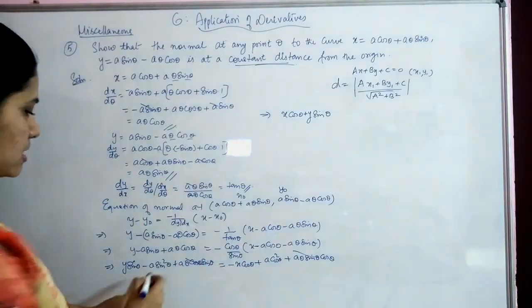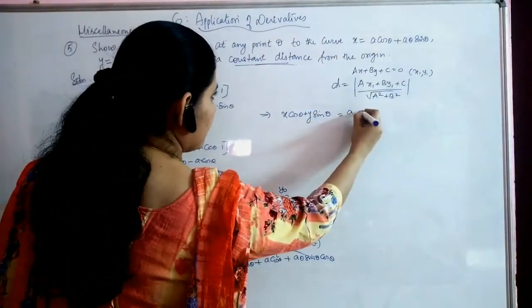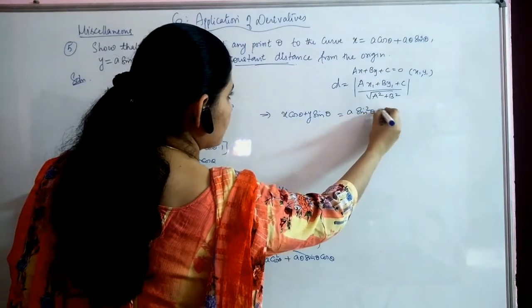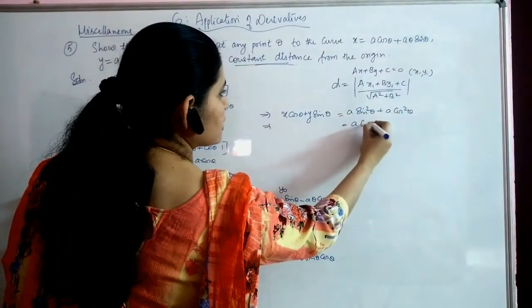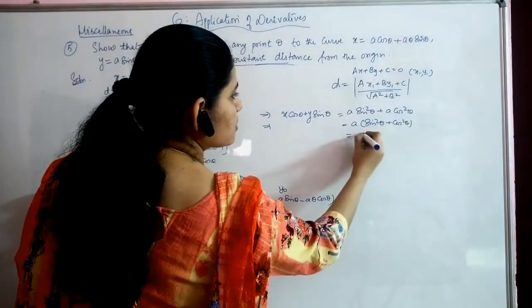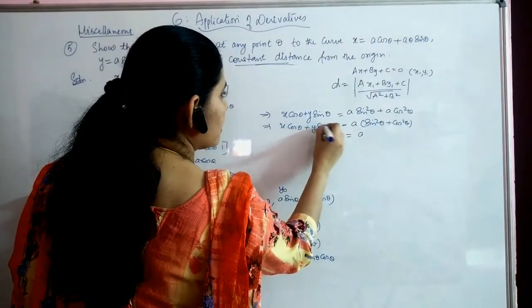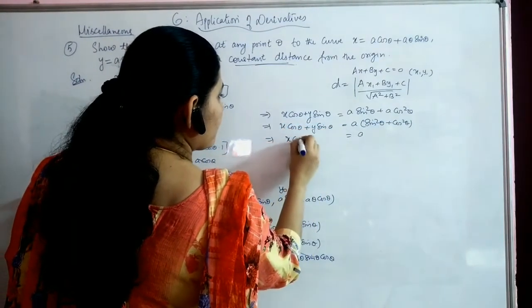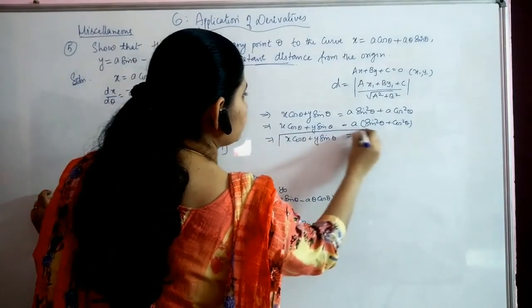So I am just taking this term to the other side so that it becomes positive, and this is a sin square theta plus a cos square theta. Now you can take out a from the right side. This is sin square theta plus cos square theta, which will give you a. That means x cos theta plus y sin theta is equal to a, right?